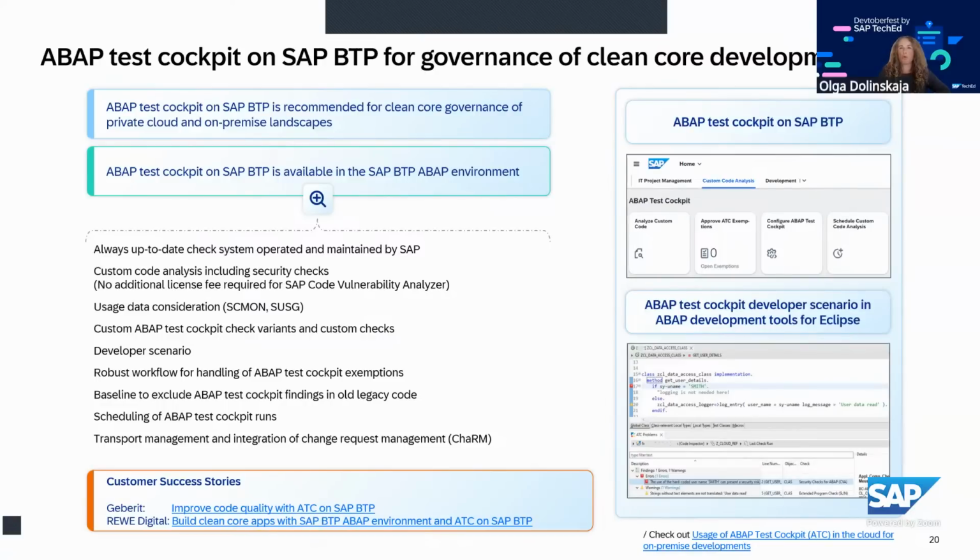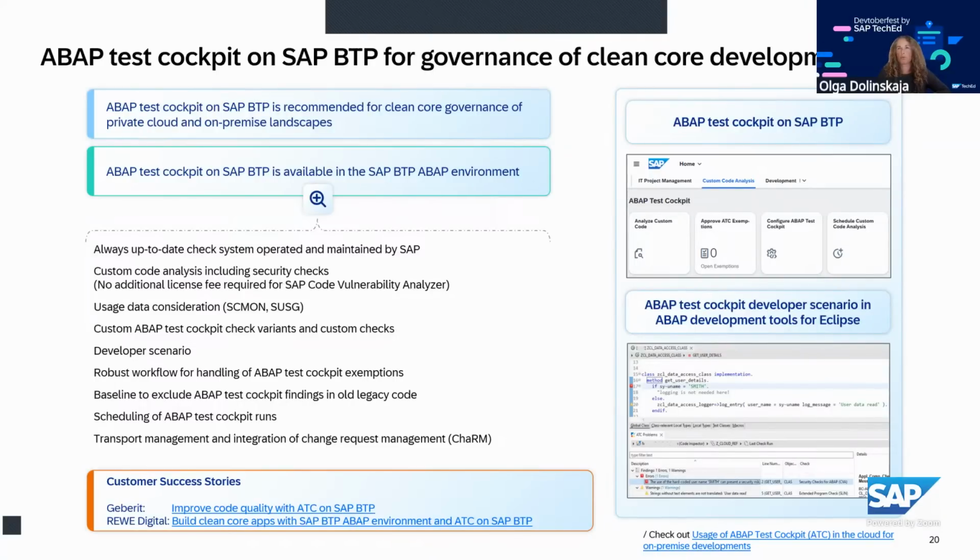And you can also implement your own custom checks if you are missing some checks from ATC. The developer scenario is supported. We have the workflow for handling of ATC exemptions, and we support the baseline and scheduling of ABAP Test Cockpit runs. So as you see, most features from the ATC on-premise are already there.